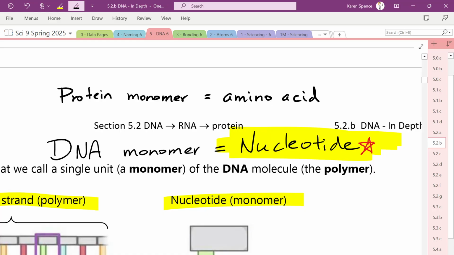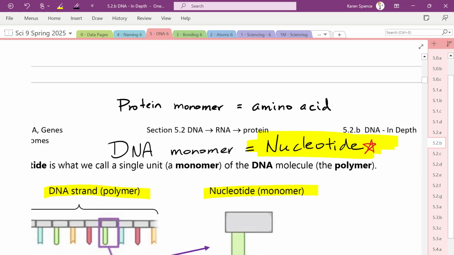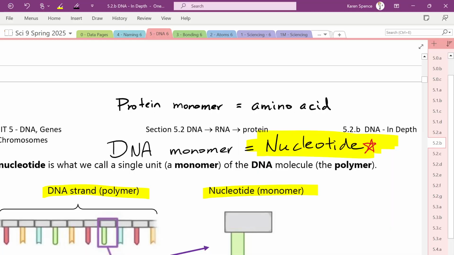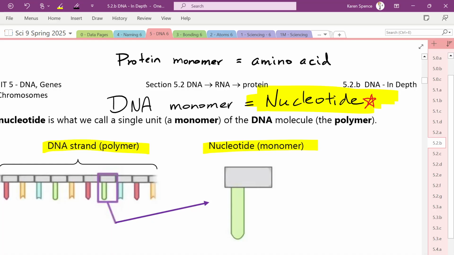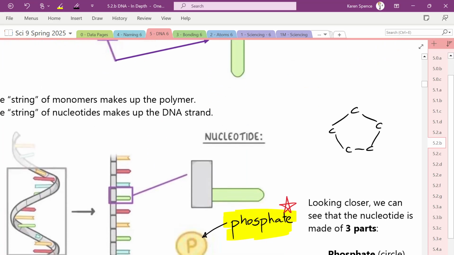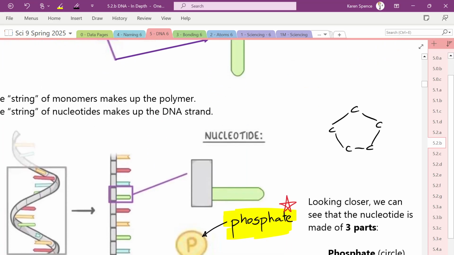Nucleotide. So here's our DNA strand, that's our polymer, and there is a single monomer, and they all line up together.